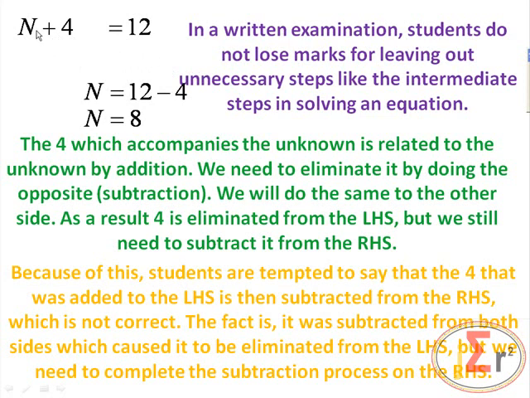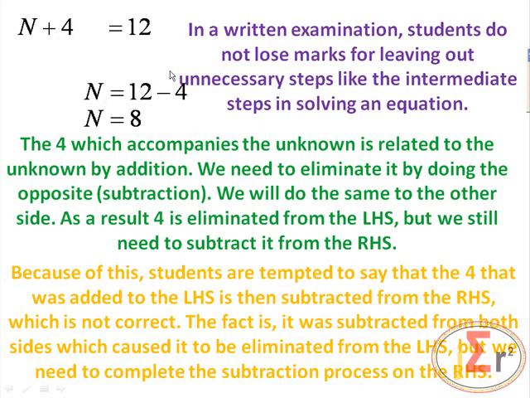As a result of that, 4 is eliminated from the left-hand side, but we still need to subtract 4 on the right-hand side, because what we do is we subtract 4 from the left, subtract 4 from the right. On the left-hand side, the 4 is eliminated, but we need to complete the subtraction process on the right-hand side.